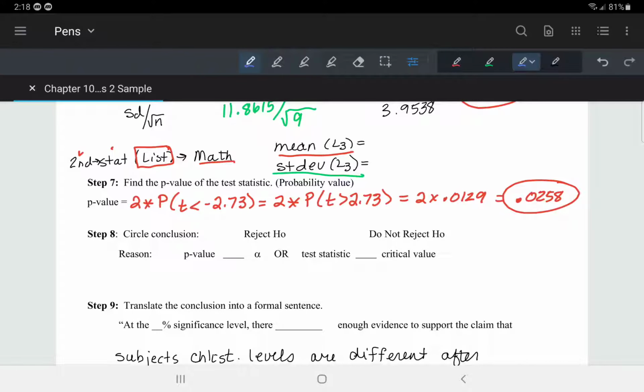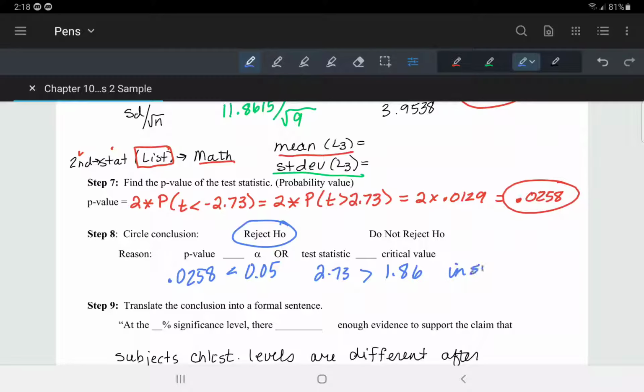Now we can make our conclusion either based upon the critical value or the p-value. Either way, we will reject H sub 0. The reasoning for the p-value is 0.0258 is less than alpha at 0.05, or because our test statistic, which was 2.73, was greater than the critical value of 1.86.